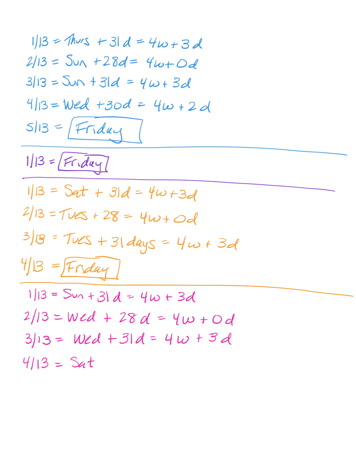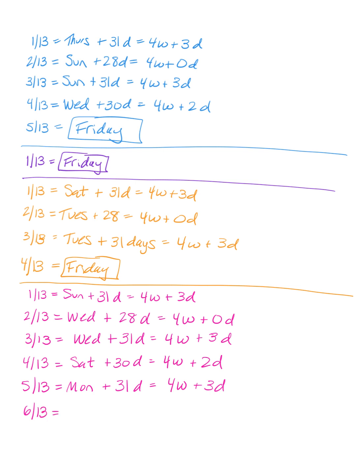Okay, now April only has 30 days, so I add 30 days. That's 4 weeks and 2 days. So I'm going to move my day of the week forward by 2, so Sunday, Monday. Okay, May has 31 days. So that comes out to 4 weeks and 3 days to get to June 13th.